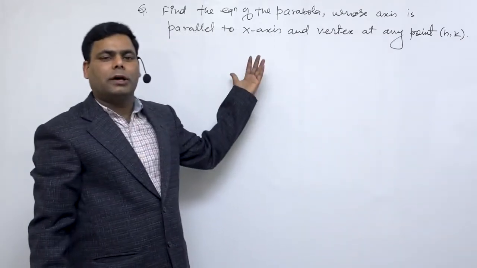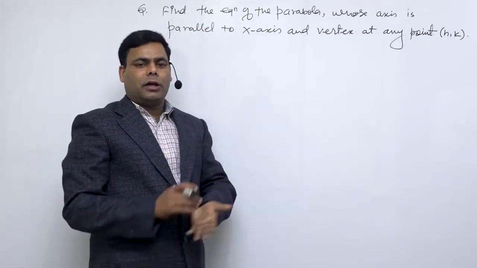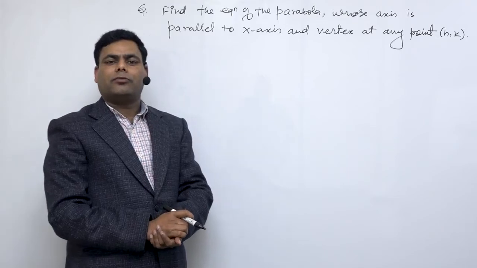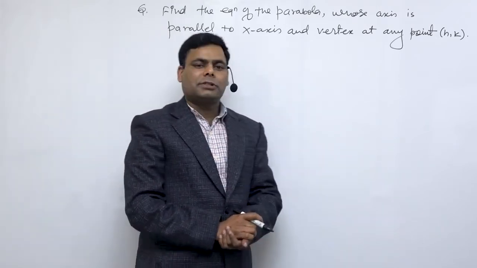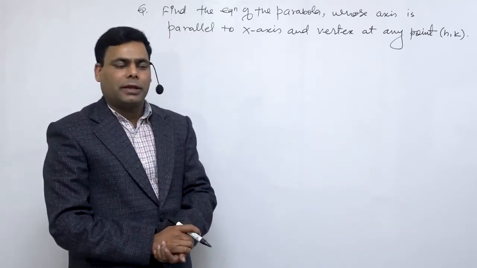Now we have to find another equation of the parabola whose axis is parallel to x-axis and the vertex is at h comma k.